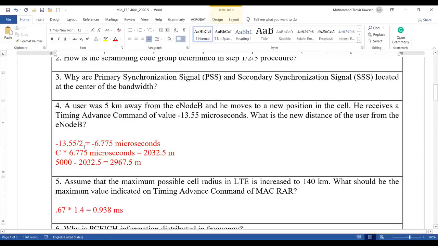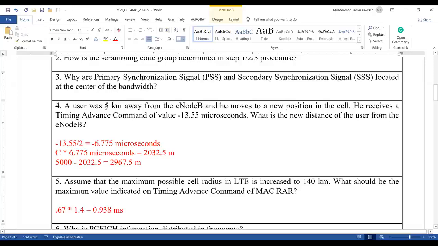But it's round trip delay, as we showed using the figures. So you first have to divide it by 2. Then you can find out the corresponding distance by which you have changed your position.